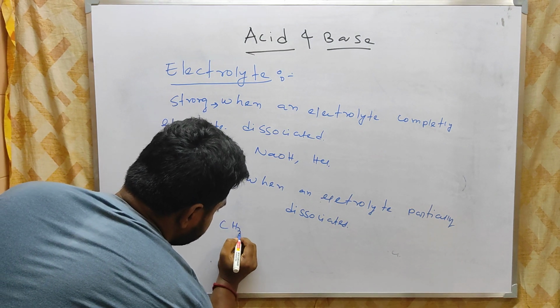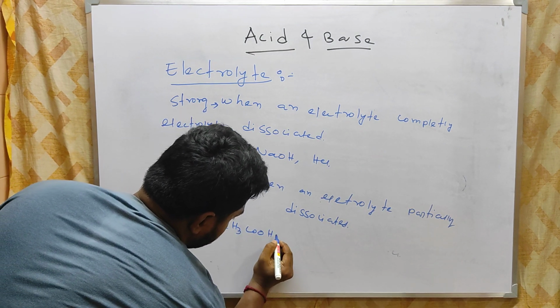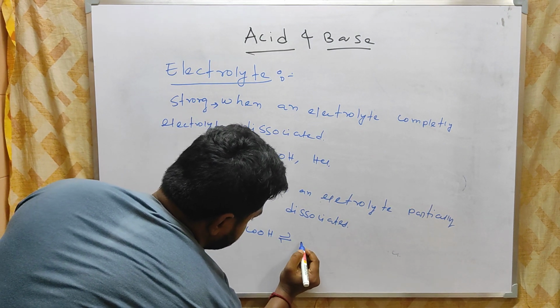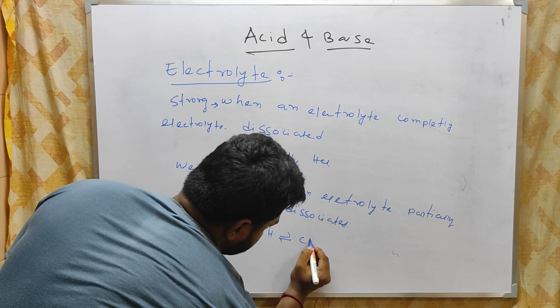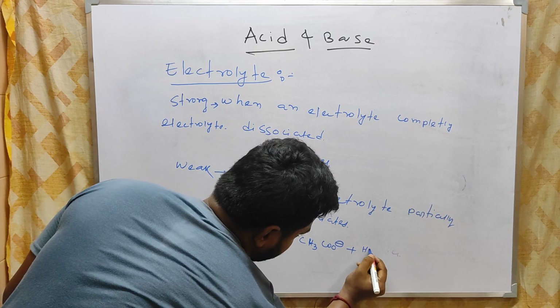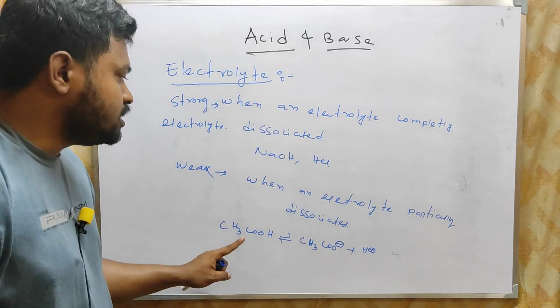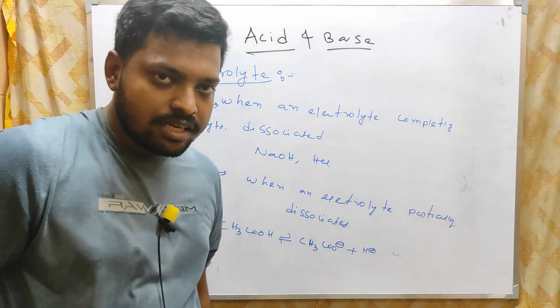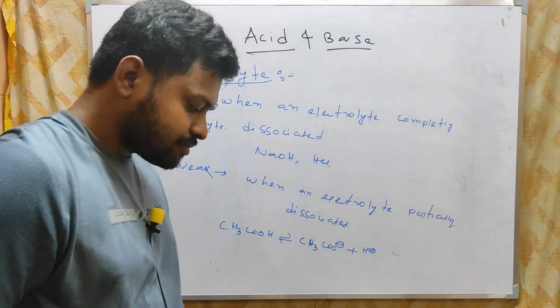The example is acetic acid. CH3COOH dissociates to form CH3COO minus, the acetate ion, and H plus. This is the weak electrolyte and that is the strong electrolyte.